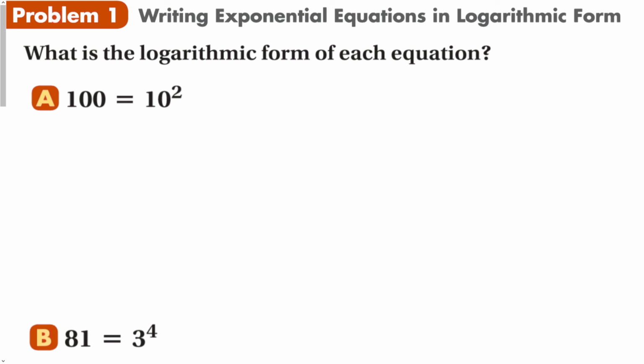So we know that log base b of x is equal to y, the exponent. So that means the log of, well, the base, it's 10. We write that a little bit lower, as a little subscript, of some number is equal to the exponent.